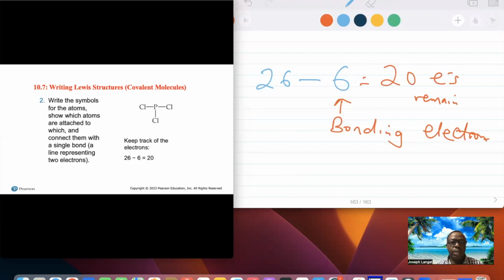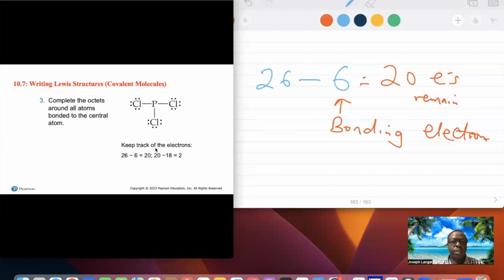First priority is satisfying the octet rule. Whatever is remaining, we use to satisfy the octet rule on the external atoms. These are considered external atoms. The way they are right now, each has only 2 electrons. It needs 6 more to satisfy the octet rule.